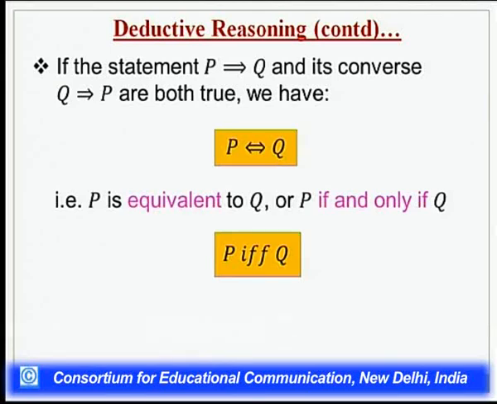Right. But if the converse is true, so if the statement P implies Q is true and its converse Q implies P is also true, then we say that P and Q are equivalent.